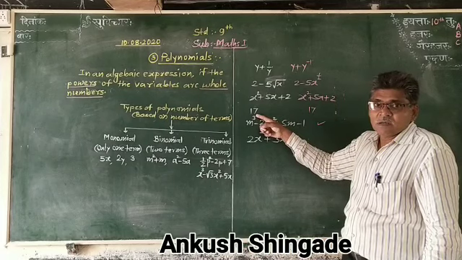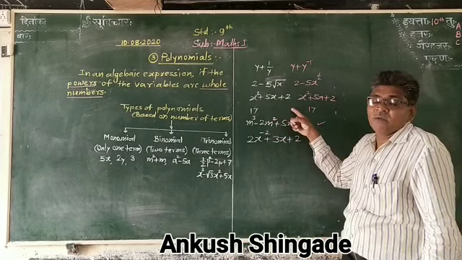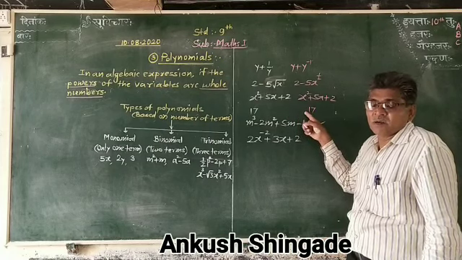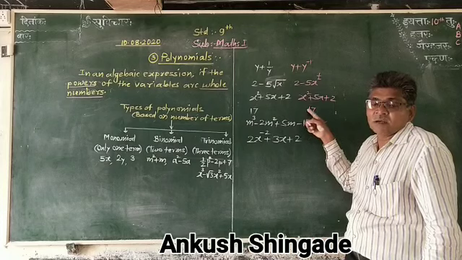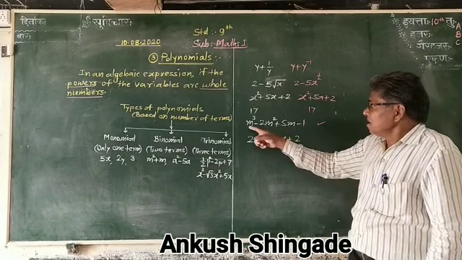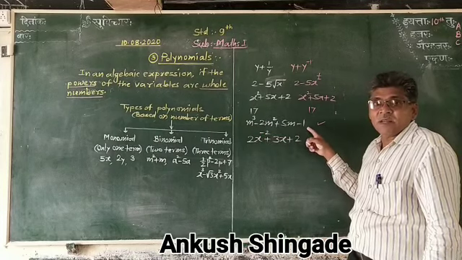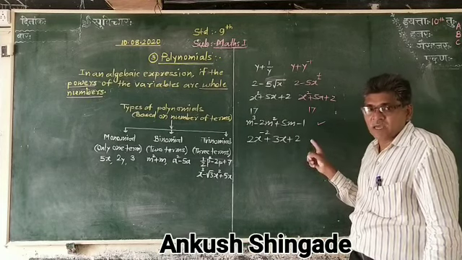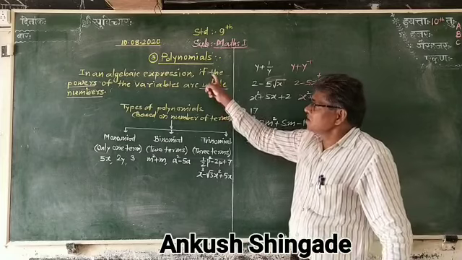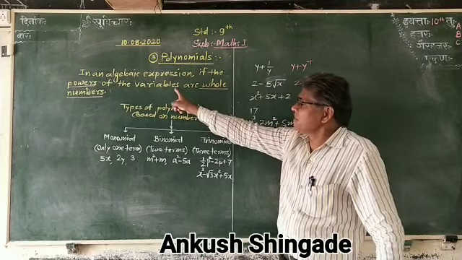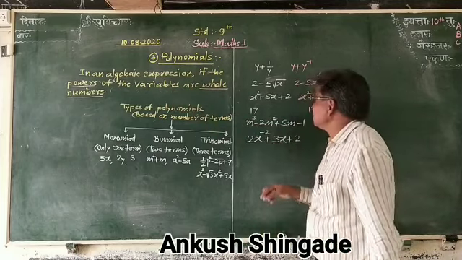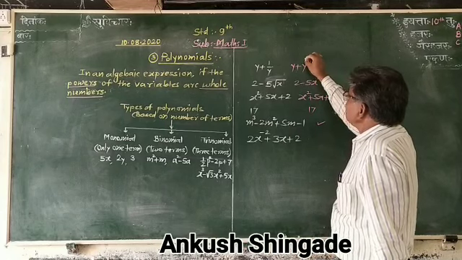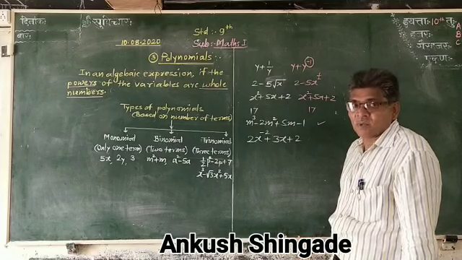Here there is no variable, so this term is called the constant term. Here the variable is m and here the variable is x. So if the powers of the variables are whole numbers, here minus 1 is not a whole number.